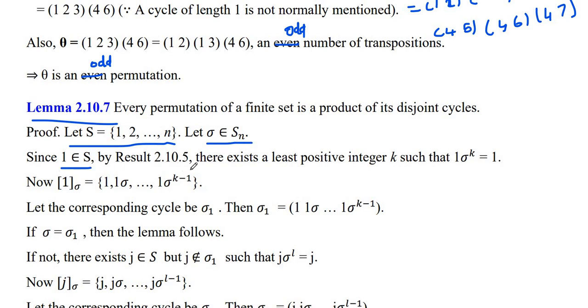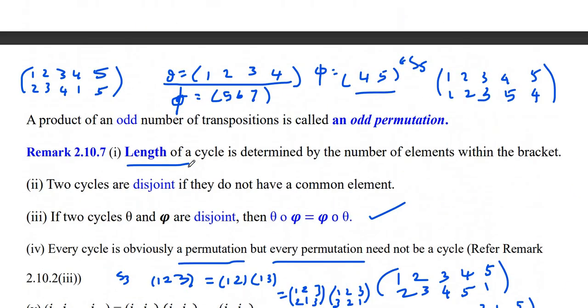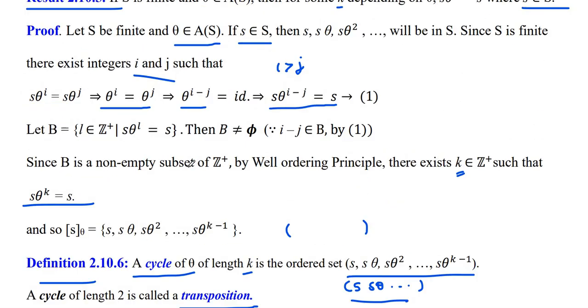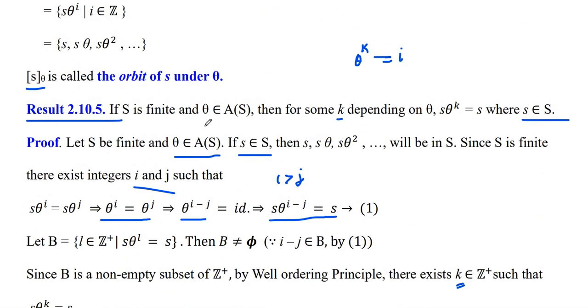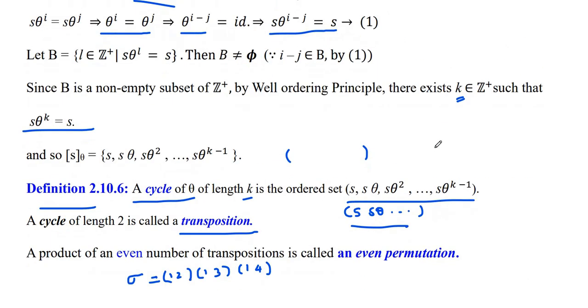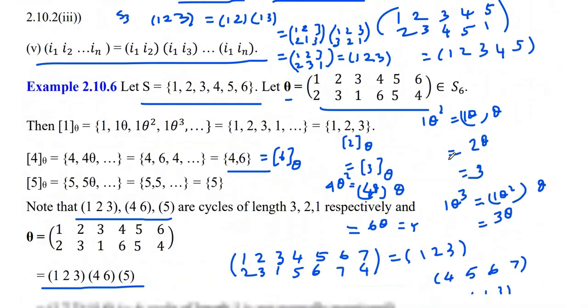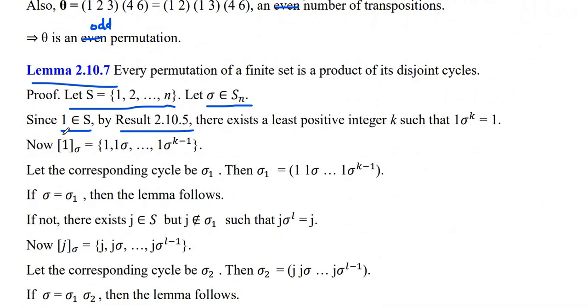Since 1 belongs to S, by result 2.10.5, which states, by the well ordering principle, that if S is finite and theta belongs to A(S), then for some k the image of s under theta power k is s. What is s? s is any arbitrary element in capital S. So for 1, since 1 belongs to S, by that result there exists a least positive integer k such that 1 sigma power k is 1.